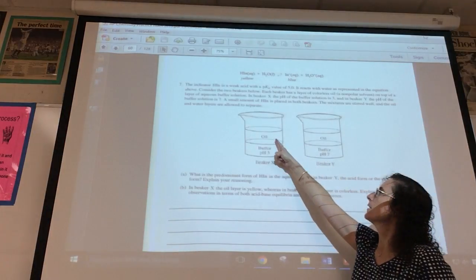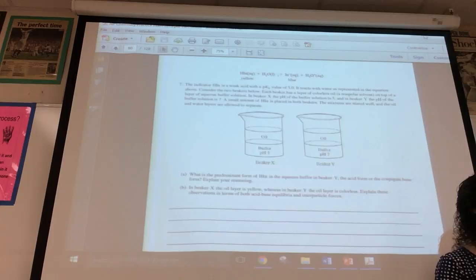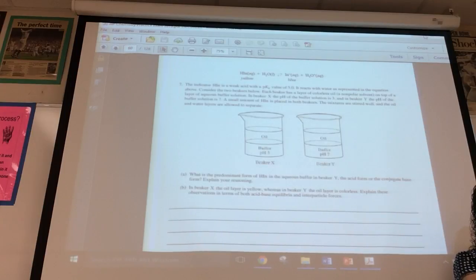So if this layer turns yellow, would it be HIn there or In minus and Y? Has to be HIn because the ion would have been water soluble, correct?